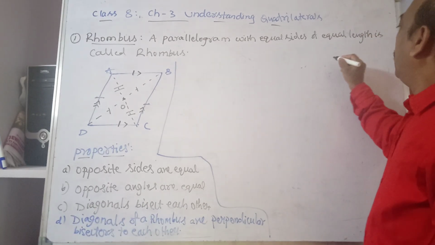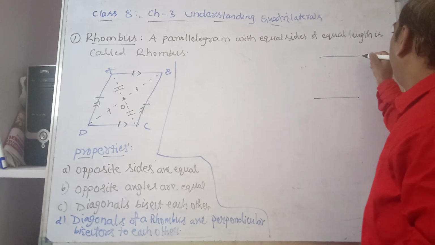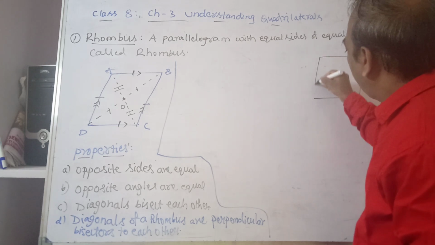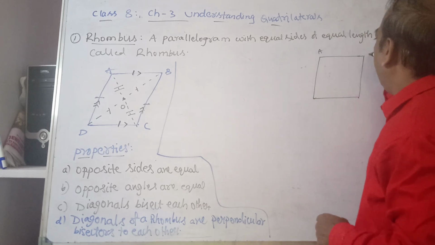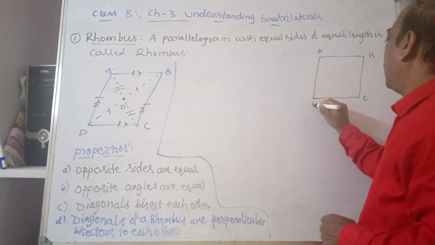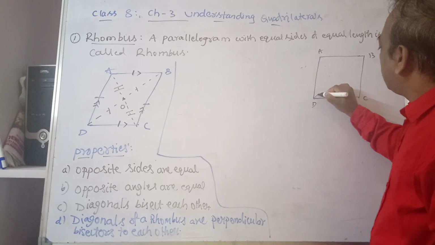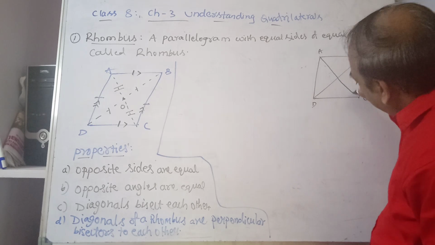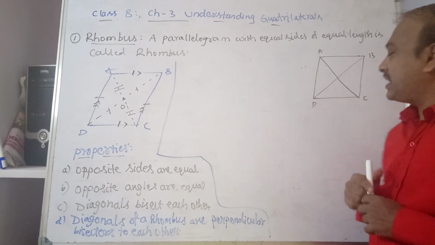Observe it. A parallelogram A, B, C, D. Now, since it is a parallelogram, the diagonals bisect each other, so even in a rhombus the diagonals bisect each other.